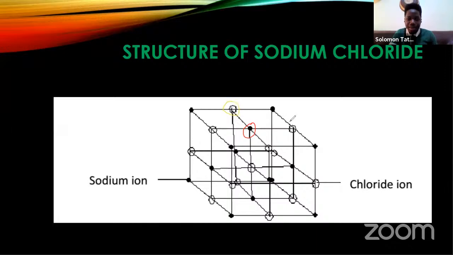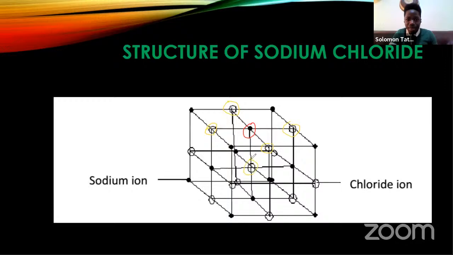Okay, let me put all the chloride ions that surround this sodium ion, the one in red, in yellow. This one too. So those are 3. There's another one here on the side. Okay, those are 4. There's another one in the middle here. Okay, those are 5.